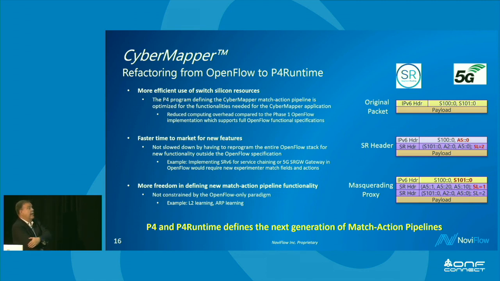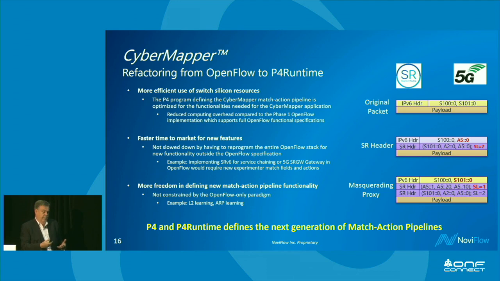And then the last thing is, it gives you more freedom in defining new match action functionality. So in OpenFlow, we were always constrained by this OpenFlow-only paradigm, and that's the paradigm we were working in. So in the switch, you didn't have any autonomous functions. The examples here I have are L2 learning and ARP learning.